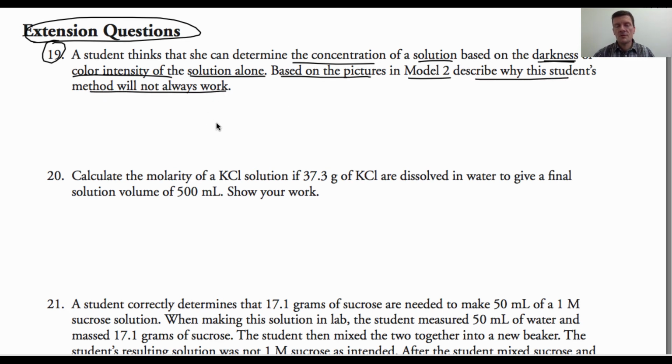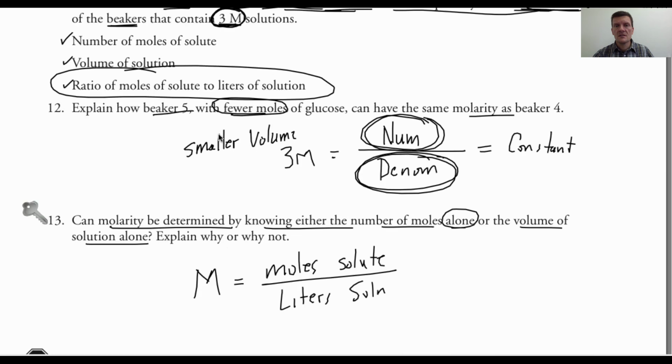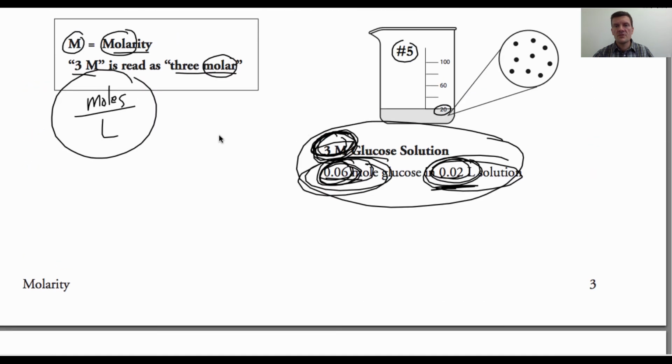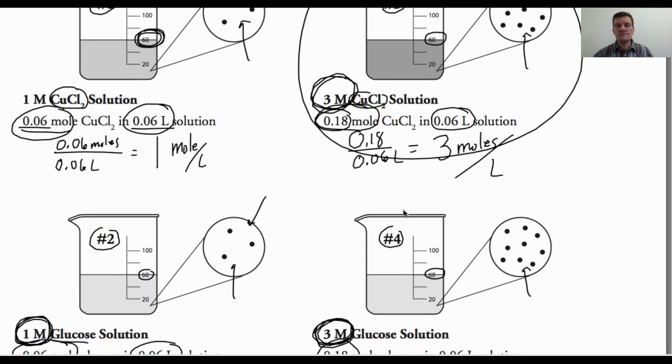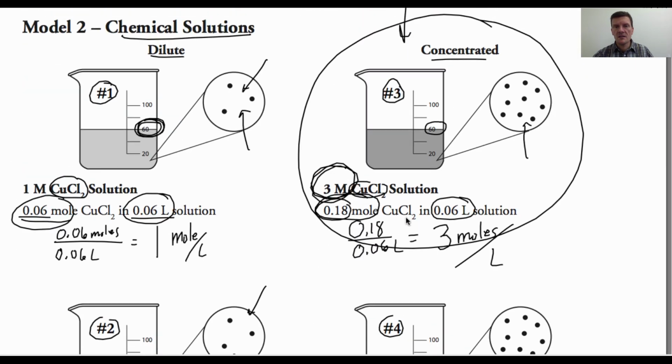Well, if you look back up at the model, if you have something that is concentrated, but you just have a small amount of it, it may cause a little bit of a different color. Also, copper chloride here causes a bluish, kind of a blue color for the solution.